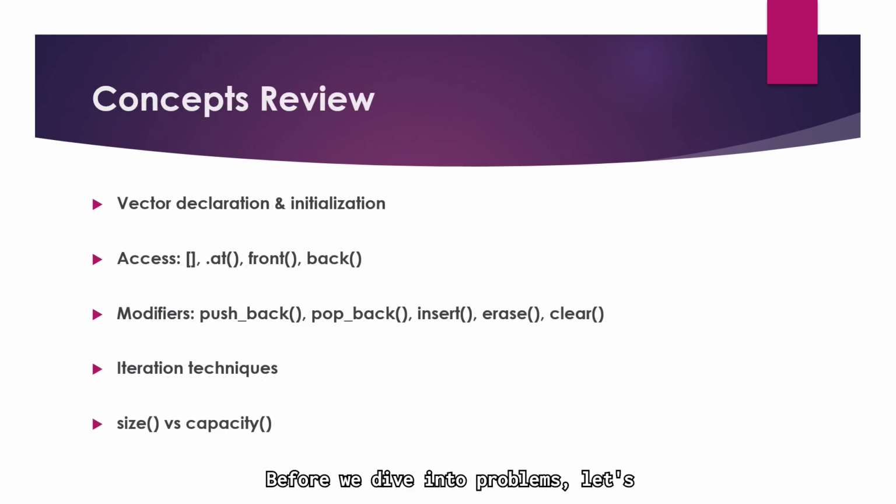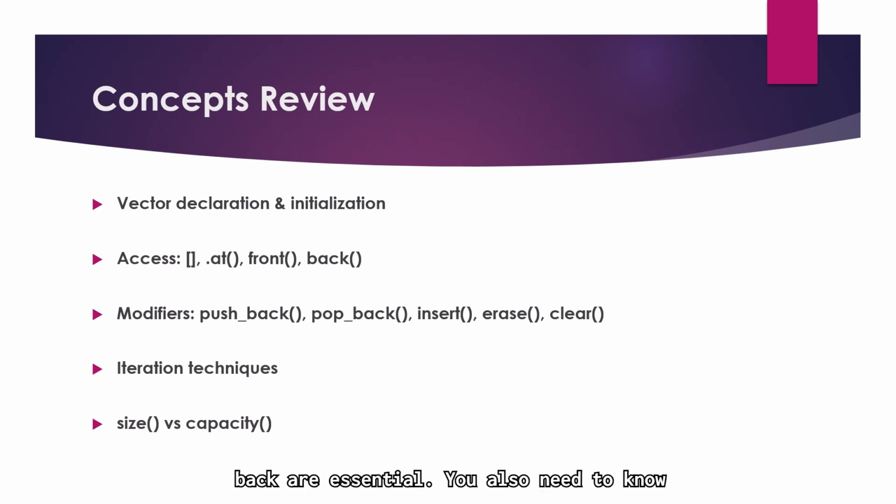Before we dive into problems, let's refresh a few critical concepts. We should already be comfortable with how to declare and initialize a vector, either with default values, specific size, or initializer list. Access methods like the subscript operator, the at method for bounds checking, and accessors like front and back are essential.